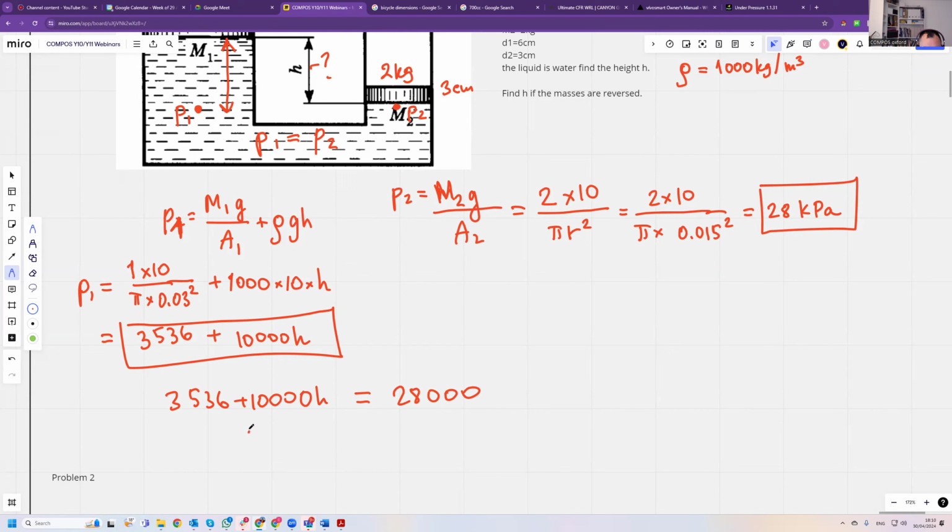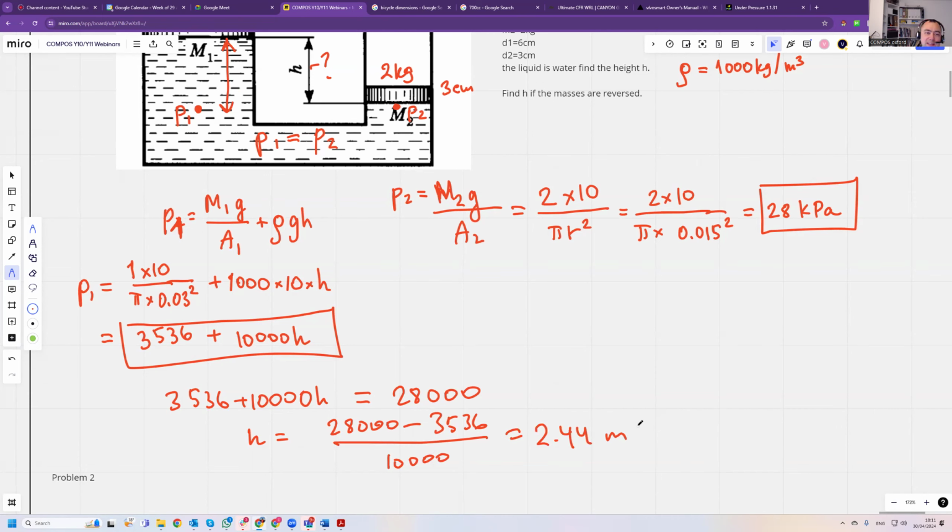And from here, H is 28,000 minus 3,536 divided by 10,000, and that is 2.44 meters.